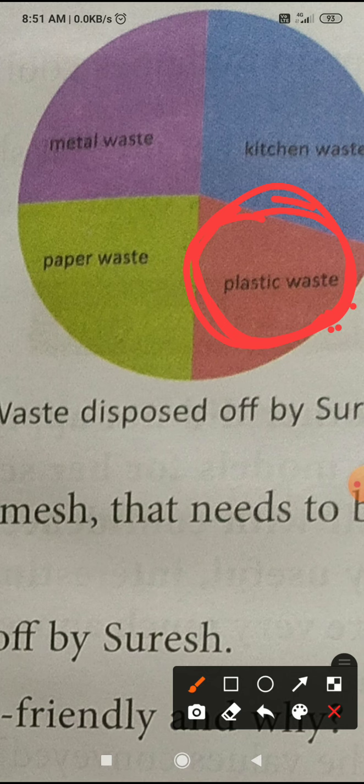You can make your society aware that you should throw plastic waste separately, paper waste separately, kitchen waste separately, metal waste separately, so that we can save our environment.